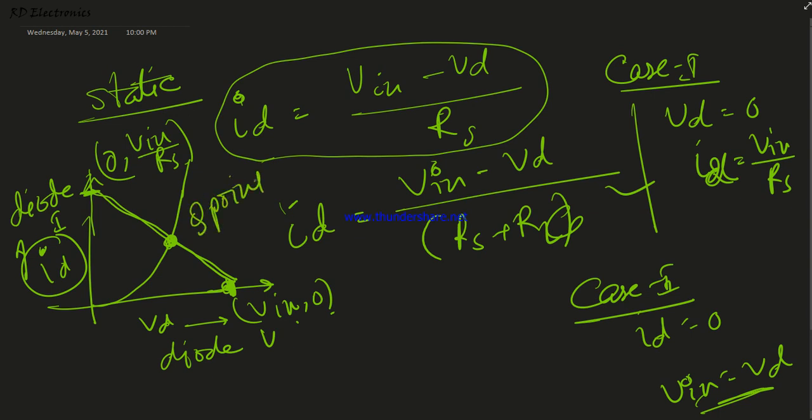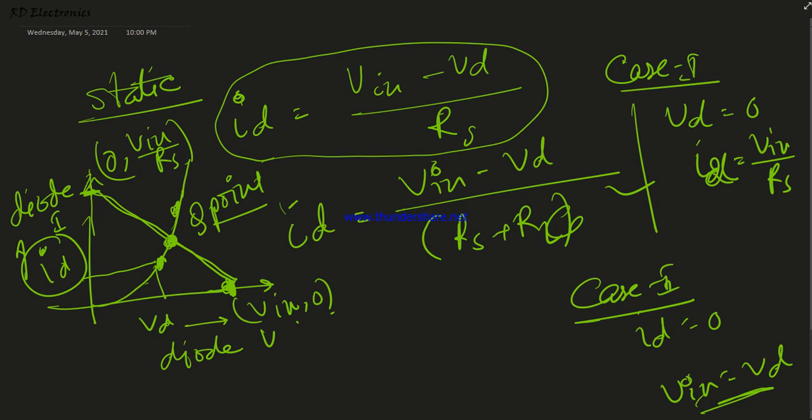This Q point is very important for designing the circuit, because in selecting the Q point we consider how much current the diode will conduct. If the Q point is situated in the lower part of this graph, the magnitude of the current conducting through the diode is minimum, and if the Q point is located in the upper portion, then the diode current will be maximum.